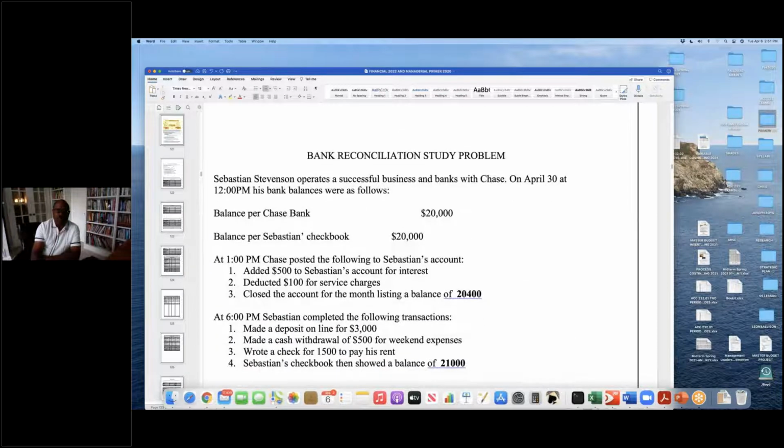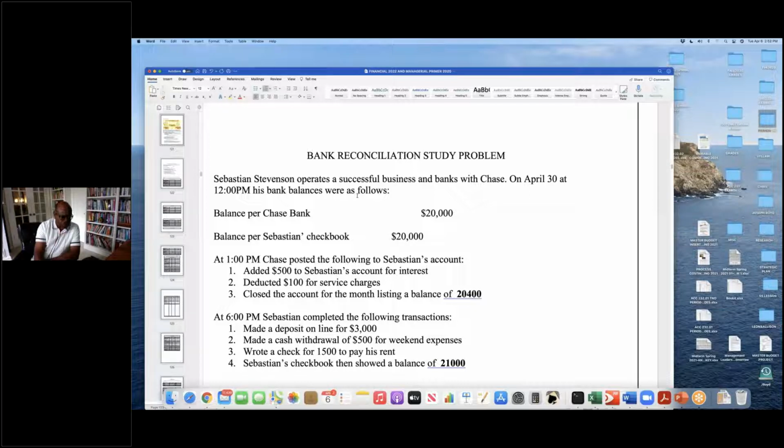So let's look at this problem written by a former student. He had a successful business, and he said in his problem, on April 30th at 12 p.m., his bank balances were as follows. At noon, the balance per Chase was $20,000. The balance per Sebastian was $20,000.